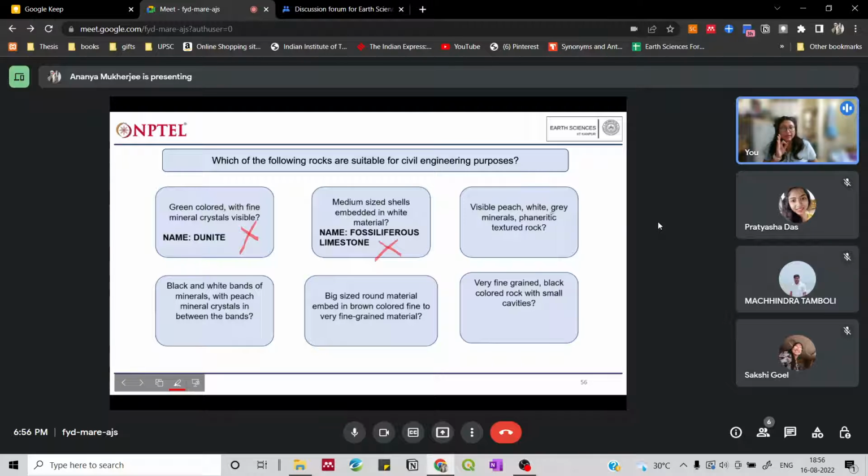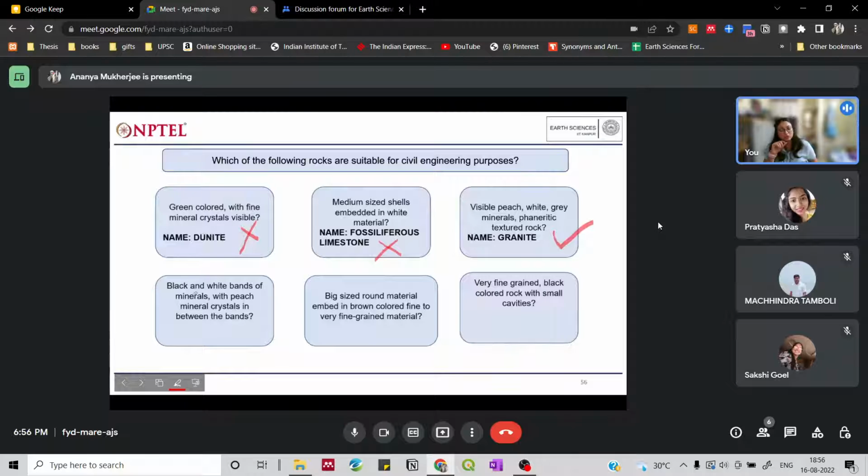In light colored igneous rocks, the minerals most probably occurring are quartz and feldspar. Quartz and feldspars are very stable, and they are useful to give us a better foundation rock. So this rock is granite. Granite can be used for foundation and also as building stone.